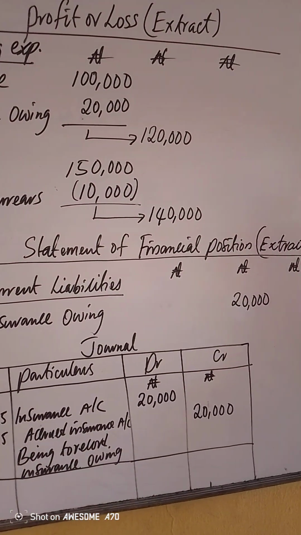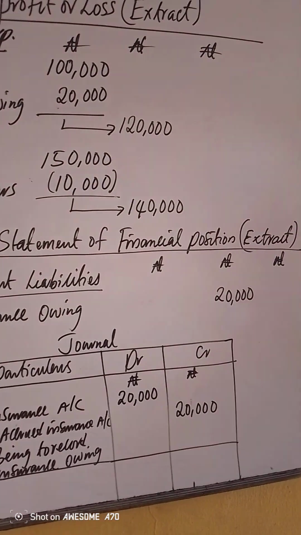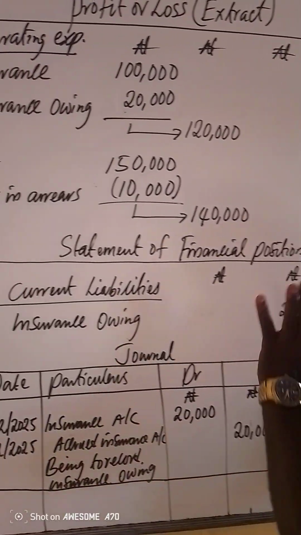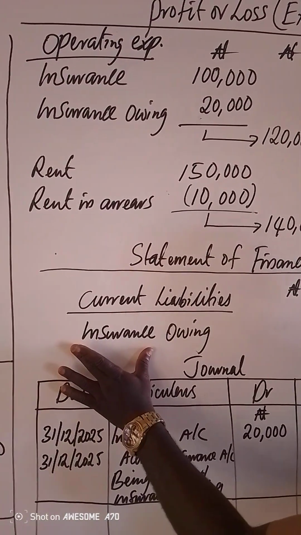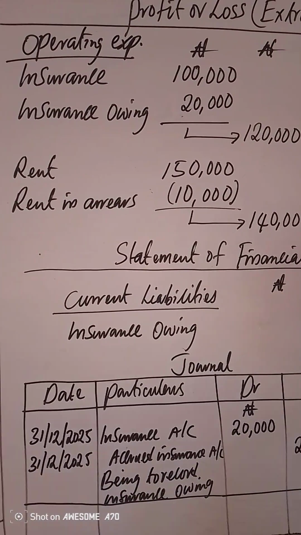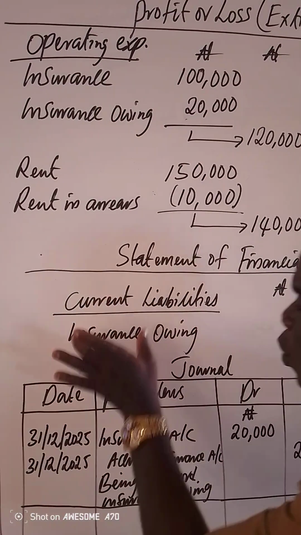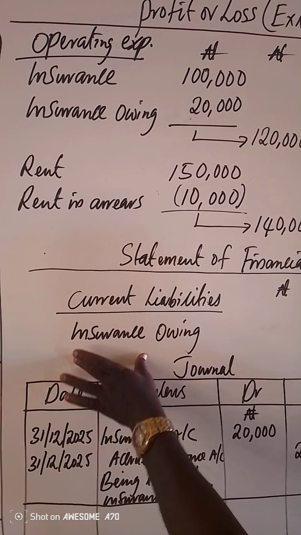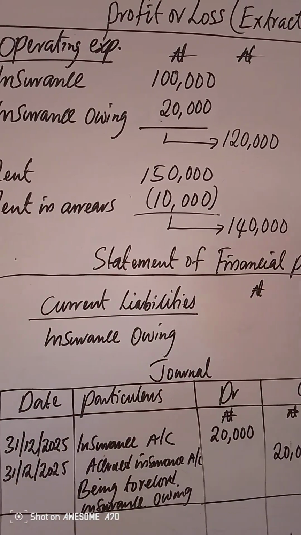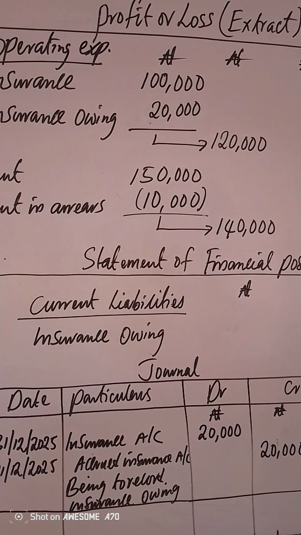Let us see how it is treated in the statement of financial position. In the statement of financial position, owings or arrears are treated as current liabilities. But mind you, I'm still emphasizing it's only owing of the current year that will appear here. Mind you, it is only owing of the current year that is treated as a current liability.